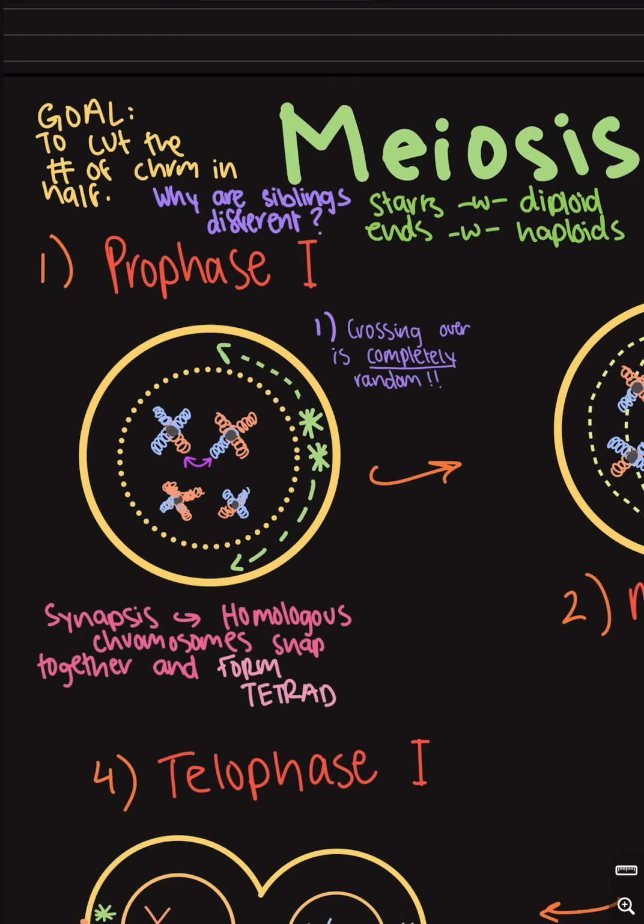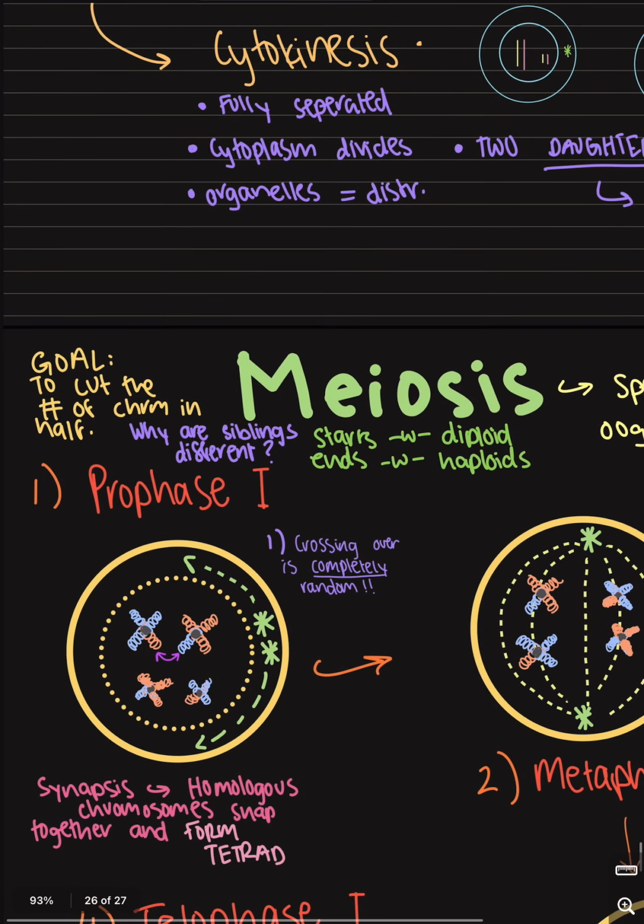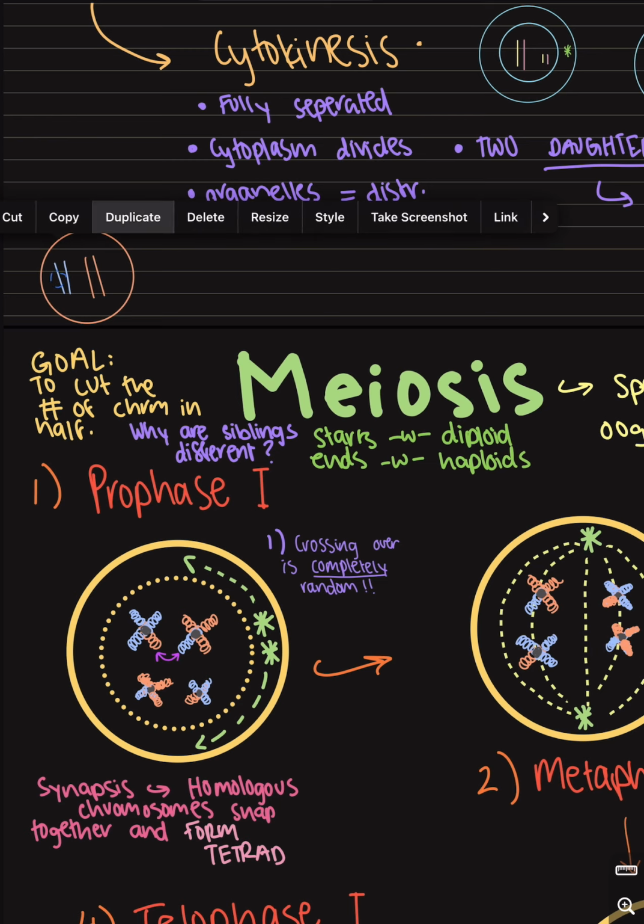The reason they're homologous to each other is because before this prophase 1 step, we had a cell, and then we had, for example, one blue and one pink, right? And these are homologous to each other, okay? But then the pink one duplicated itself and the blue one duplicated itself, okay?